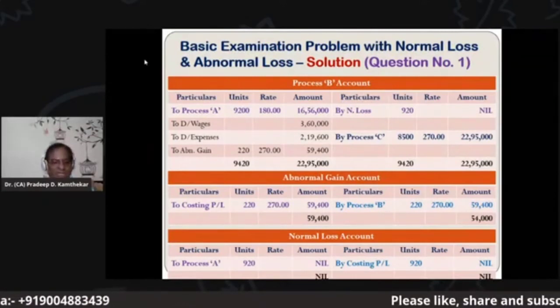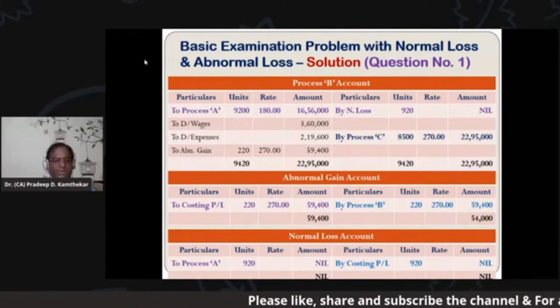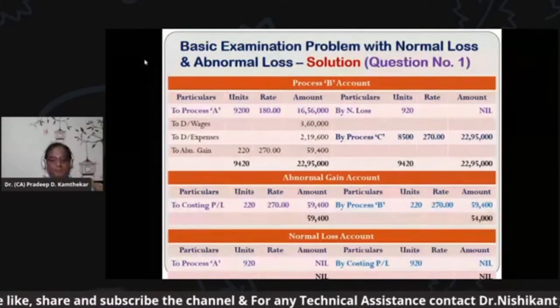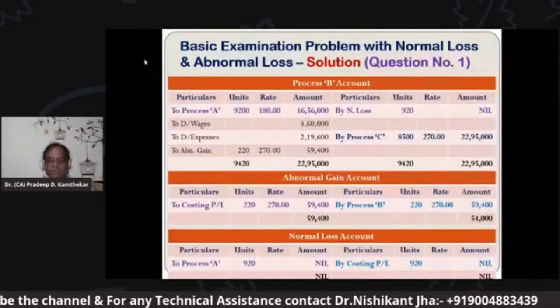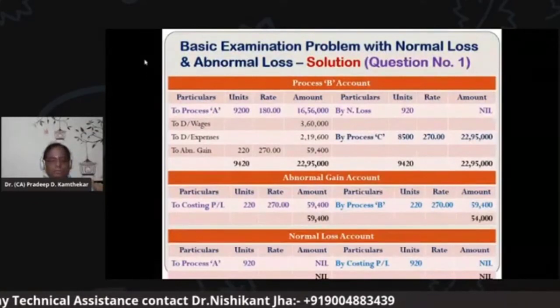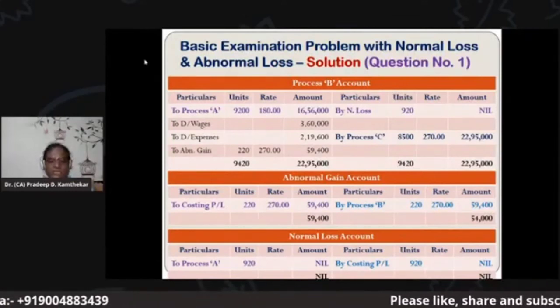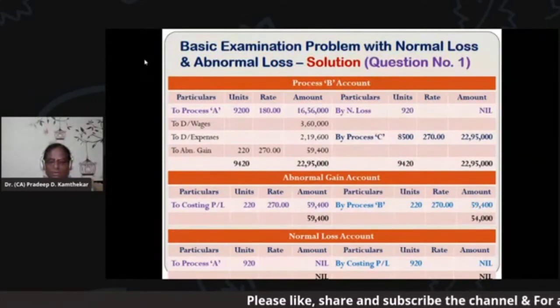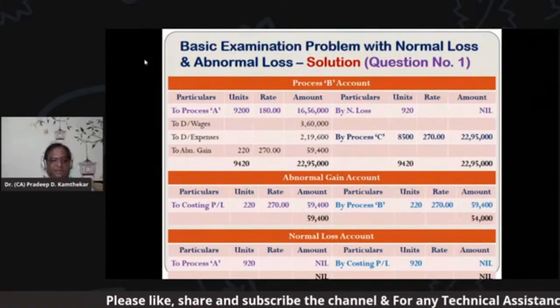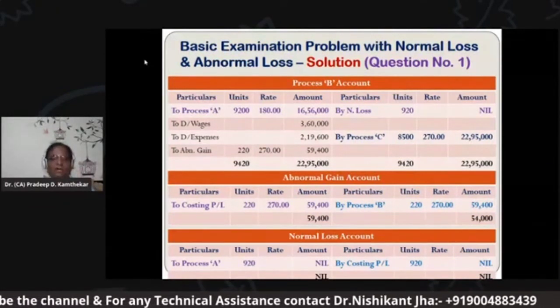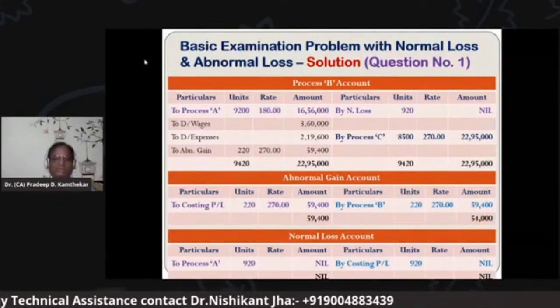So second effect of this, actually that entire 220 units, we write to the debit side as to process A normal loss, but then that entire amount is nil only, and that nil amount, so difference on the debit side, we have transferred 59,400 to costing P&L account. This is how normal loss, abnormal gain, and abnormal loss account is prepared.